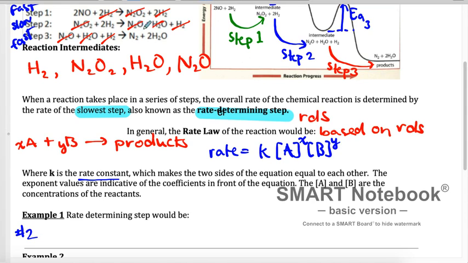And let me write the rate of the actual reaction, which is N2O2 plus 2H2, which makes your products. When writing down the rate law equation for this particular example, we only need to acknowledge the RDS, the rate determining step.